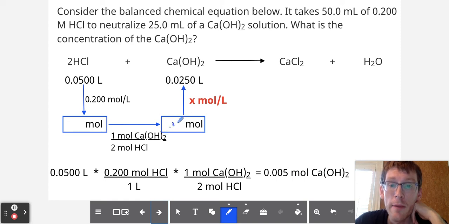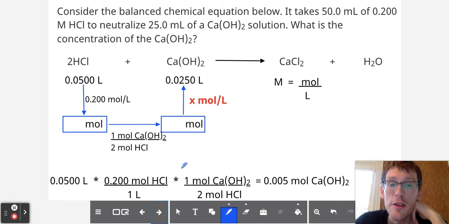And I'm going to treat the rest of this as a separate problem. So what I'm going to do is I'm going to say I know that the definition of molarity is moles per liter. So I'm going to put that here and say that my unknown X molarity is equal to the known moles that we just calculated, the 0.005 moles of calcium hydroxide divided by the 0.025 liters of calcium hydroxide, and it's right there for me.